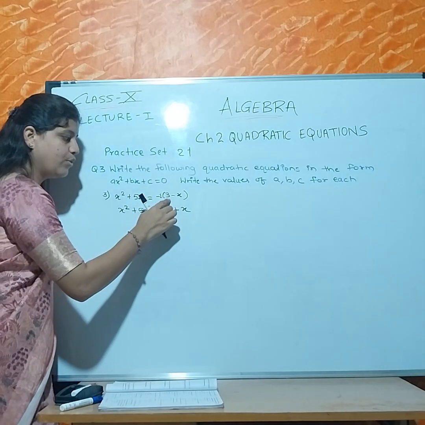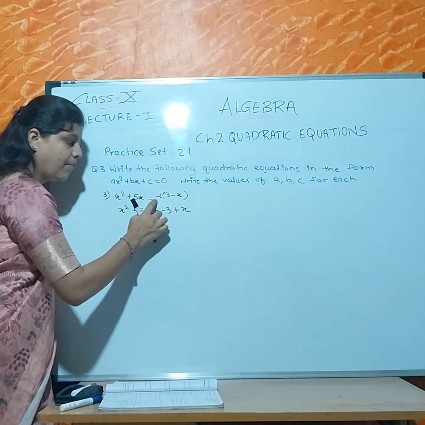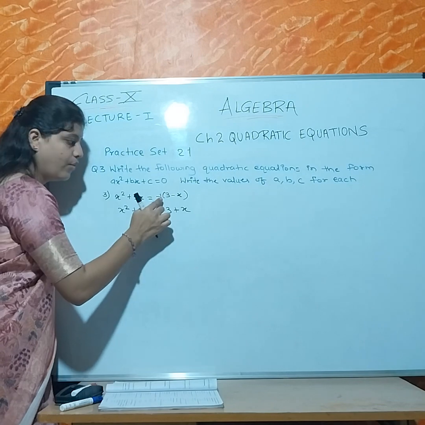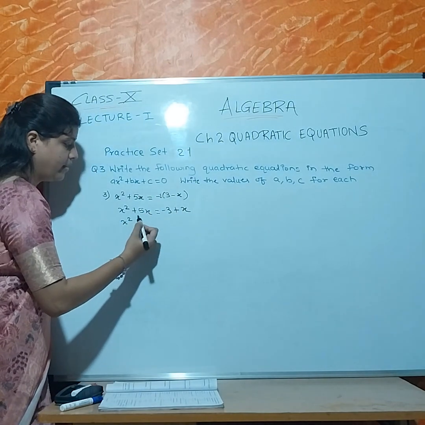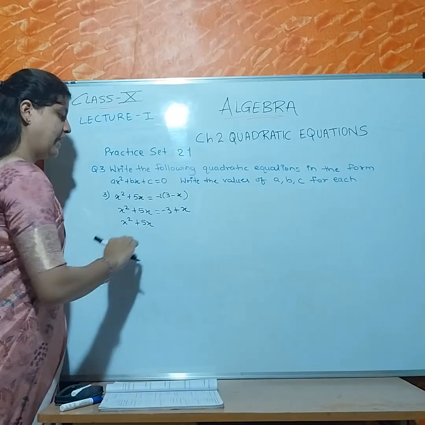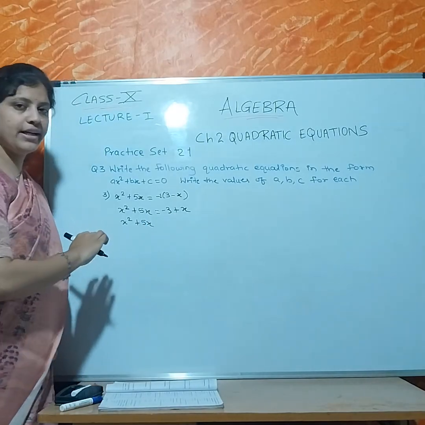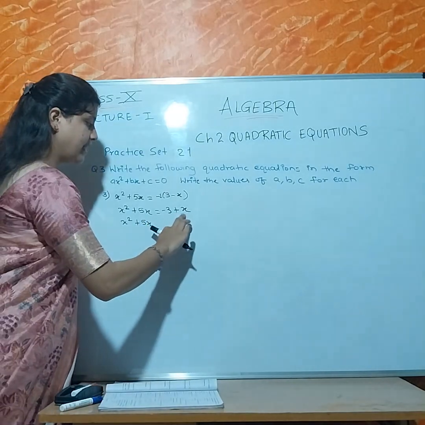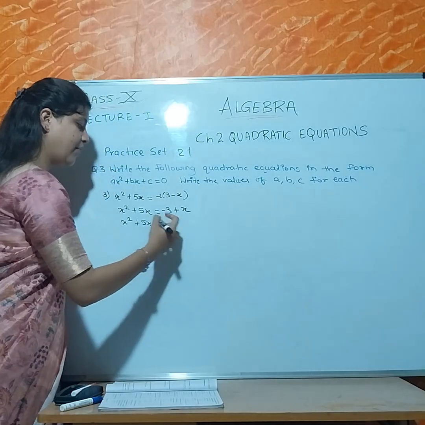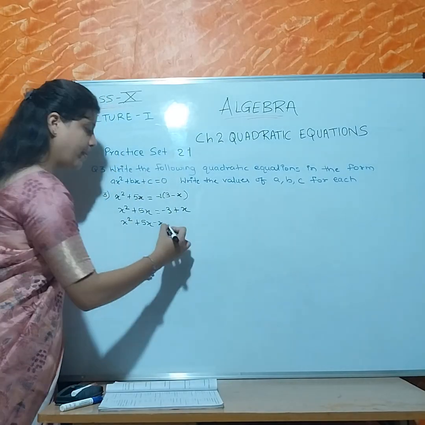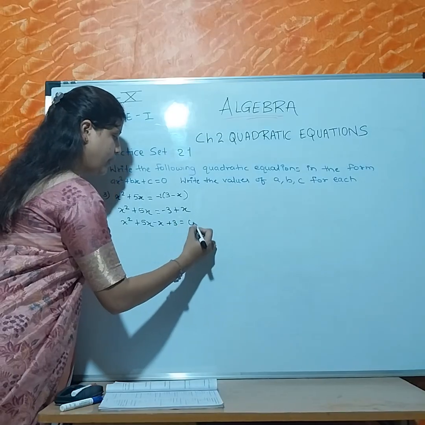So minus 1 into 3, minus 3, minus minus plus 1 into x, x. Understood? Now x square plus 5x, take both of these terms this side to get the required equation. So plus x, here it goes minus x, and this minus 3 here, when it will come this side, it will become plus 3 is equal to 0.